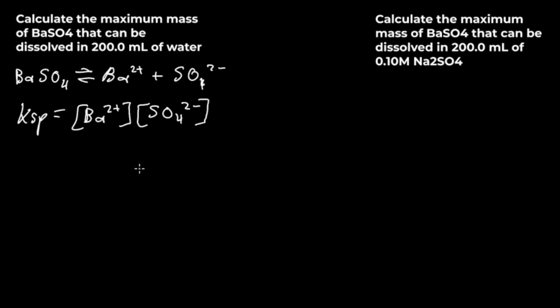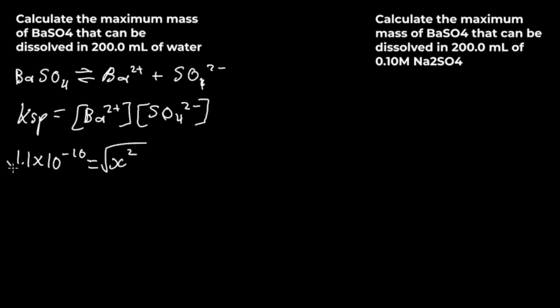Looking in the data booklet, the KSP value of barium sulfate is going to be 1.1 times 10 to the negative 10th. And now, since this is 1-to-1, we can say this is x, so it's x squared.